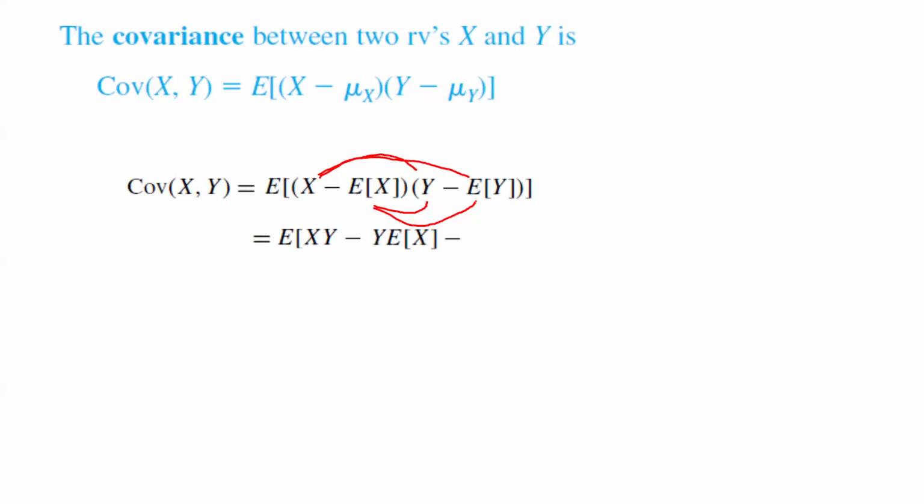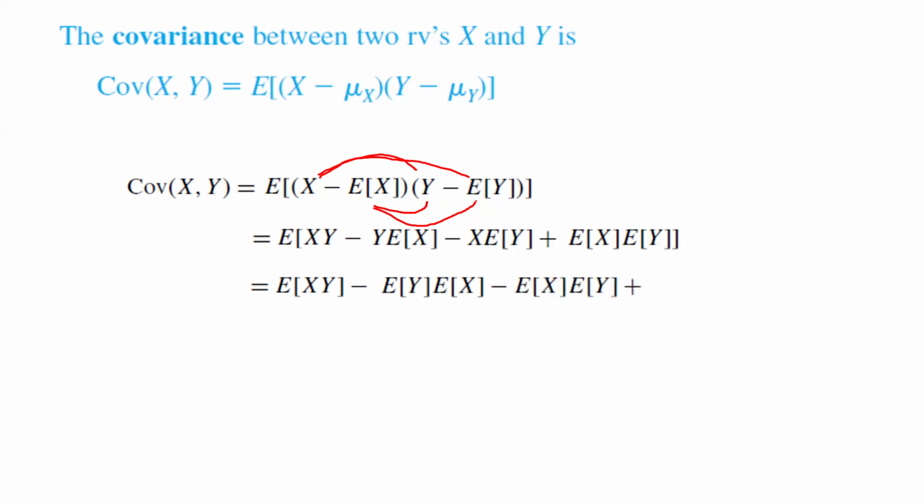We get the expected value of x times y minus the expected value of y times x minus x times the expected value of y plus the multiplication of expected values.